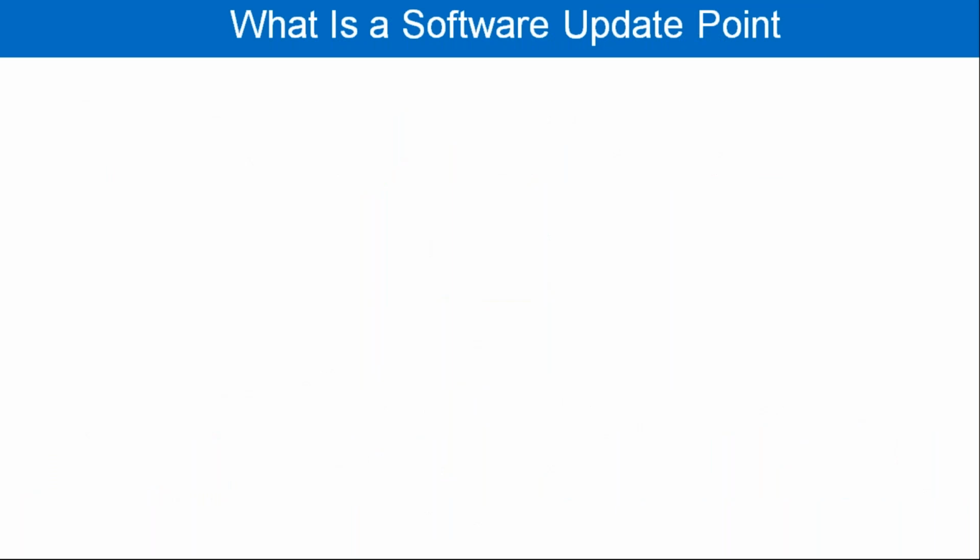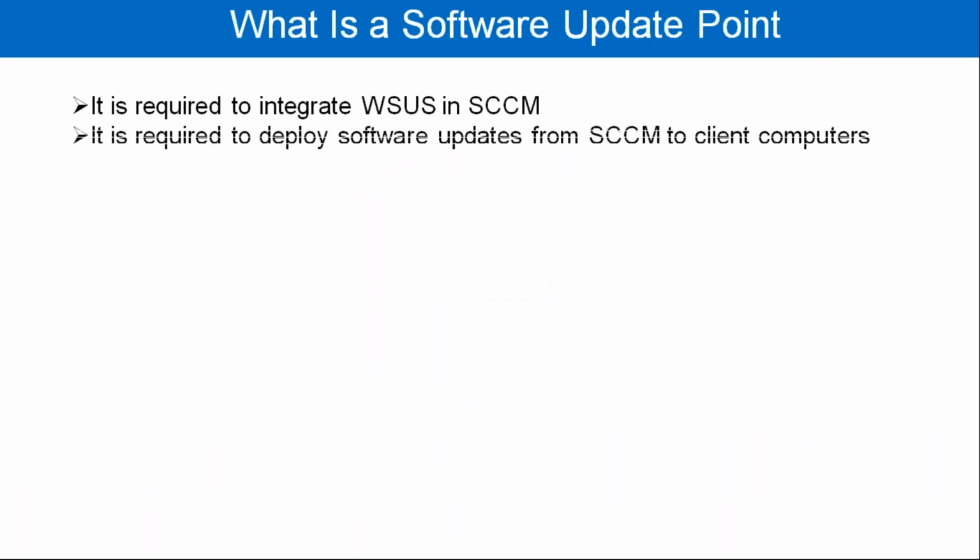Software update point. It is required to integrate WSUS in SCCM. So basically, software update point is required to integrate WSUS, Windows Server Update Services. This is for patch deployment, guys.